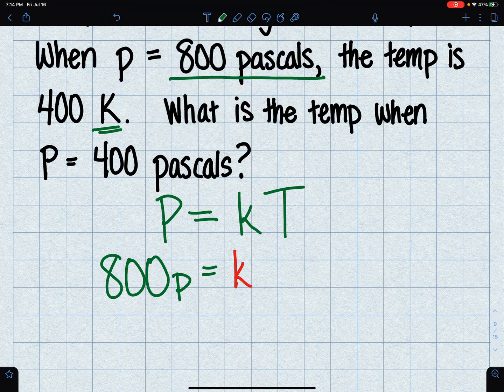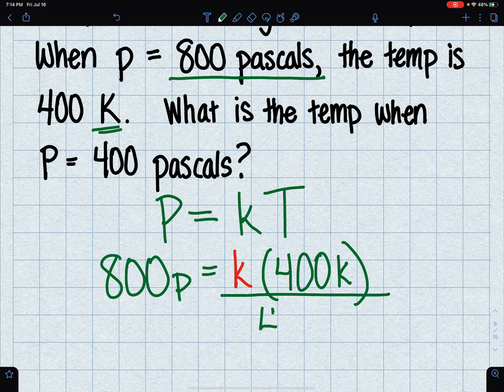And then the temperature is going to be 400 Kelvin. Oh, that's confusing, isn't it? Well, it's just different colors. So, all right, we're going to divide by 400 Kelvin, that's units, not that constant.